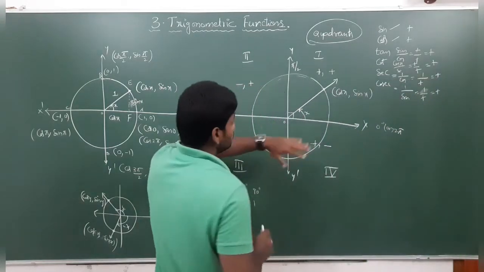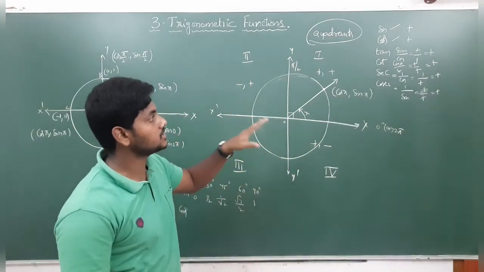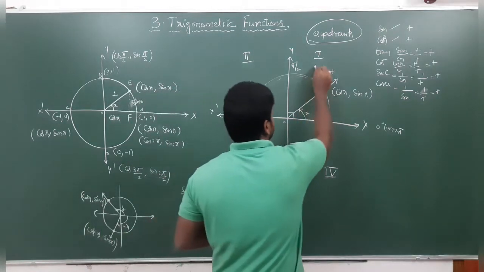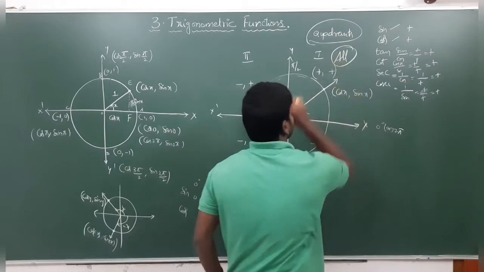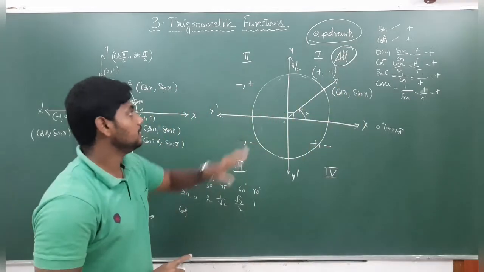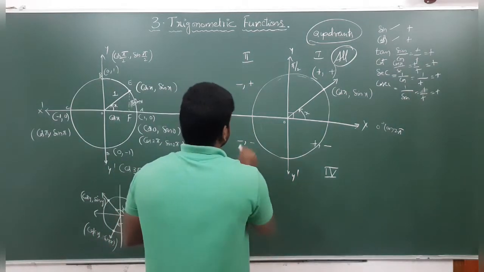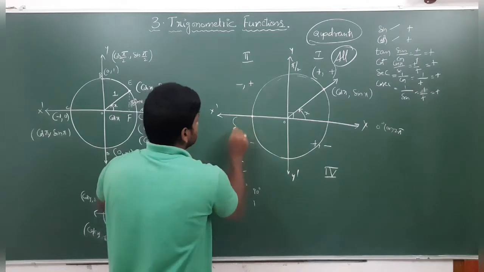That means in the first quadrant, if you take any trigonometric ratio, that may be sin, cos, tan, secant, cosecant, cot, if you take anything, it is positive. That means in the first quadrant all are positive. When it comes to the second quadrant, for example, if you consider this, what is this point?